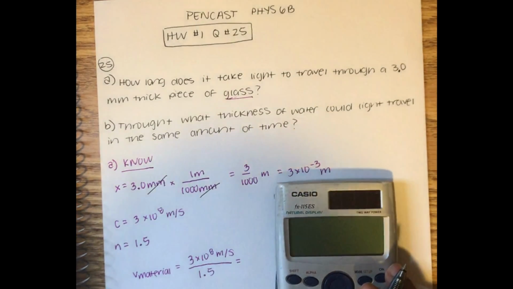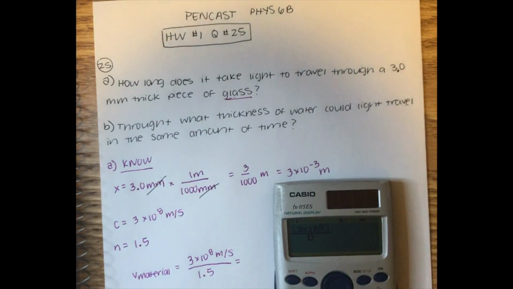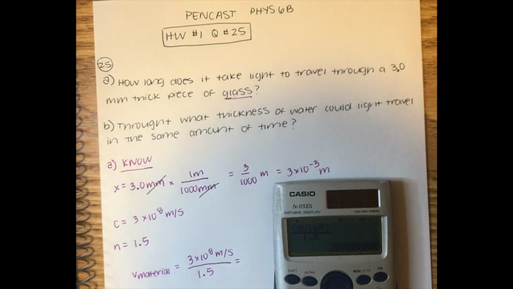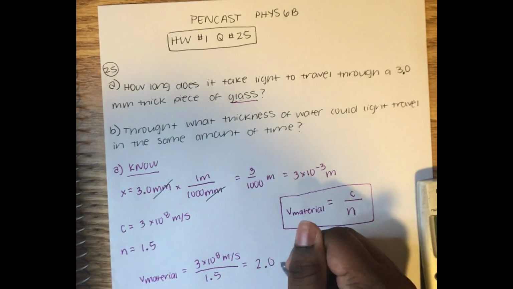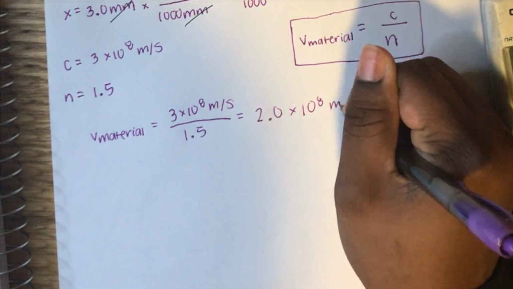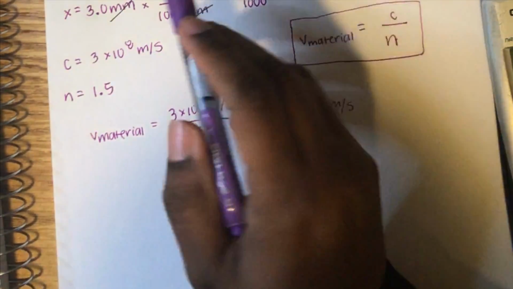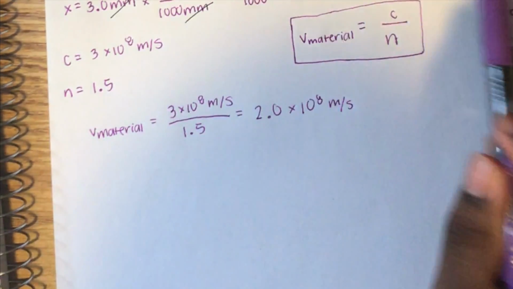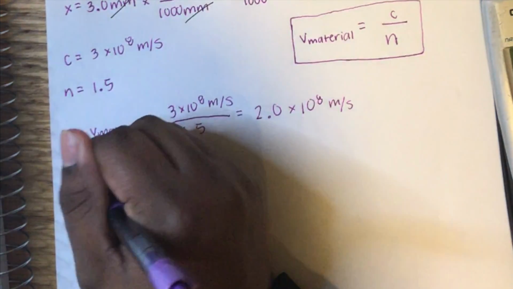Now if we plug this into our calculator, we get 2 times 10 to the 8th meters per second. Now the question asks, how long does it take for light to travel through this material? Which means we are trying to figure out time.